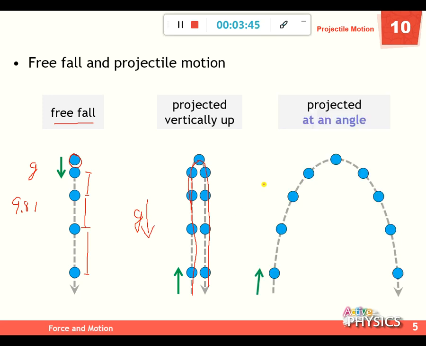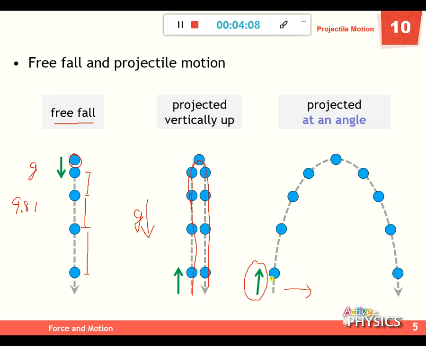How about projecting at an angle? It means that the initial velocity is not upward. It should be inclined like that. Then what will happen? This object will also move upward, but with horizontal displacement.